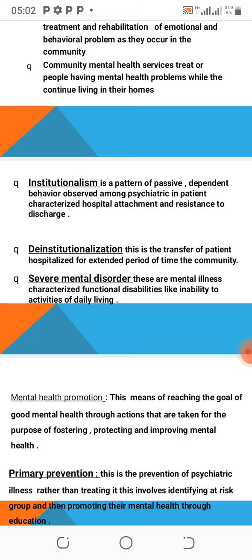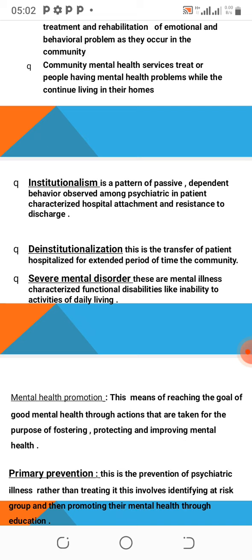So this patient has been attached to the institution and would not feel it important to be discharged out of the hospital. They are attached to the hospital. That's institutionalism. Then deinstitutionalization, this is the transfer of the patient hospitalized for an extended period of time to the community.